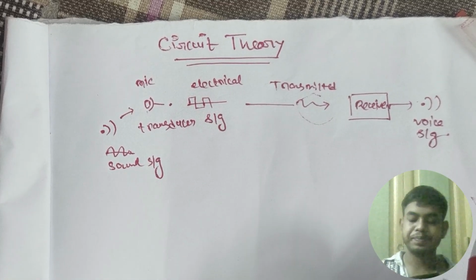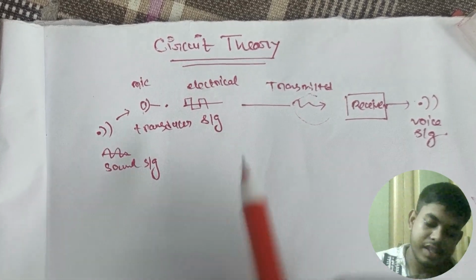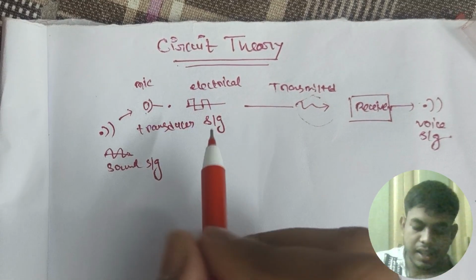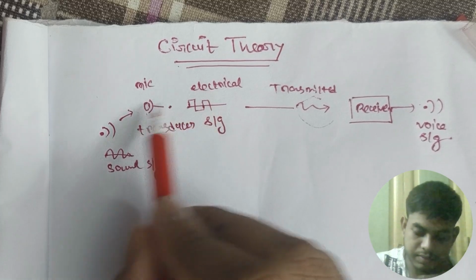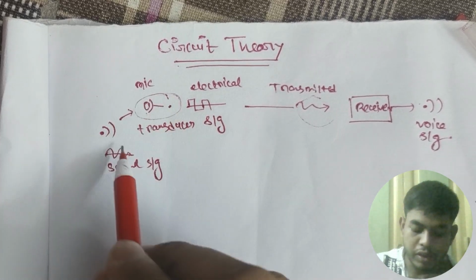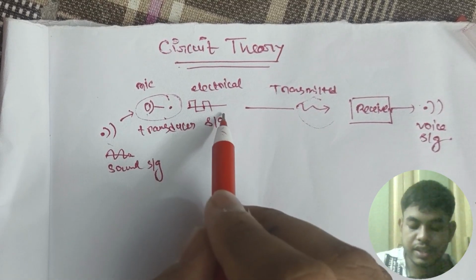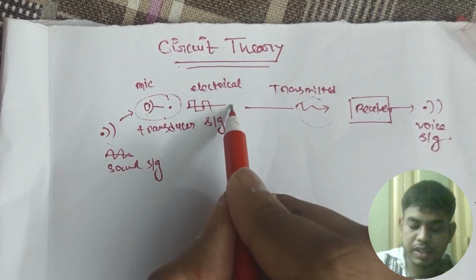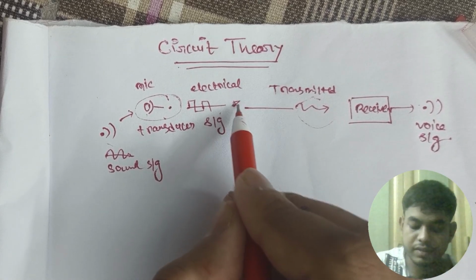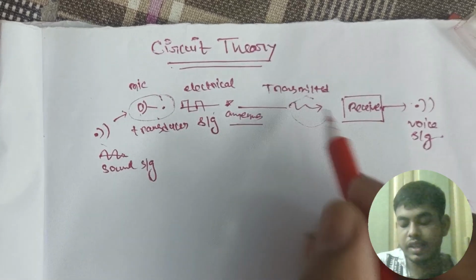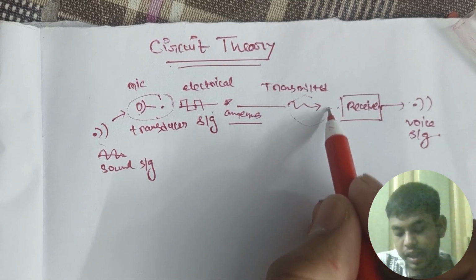So circuit theory and electronics come in this part, in converting the sound signal over here. Then the electrical signal is transmitted via antenna, and it is received by another antenna.